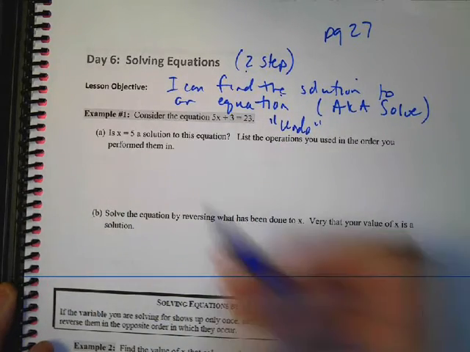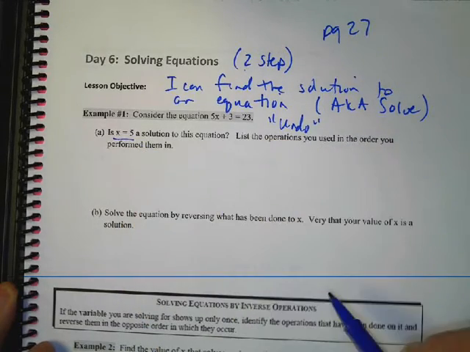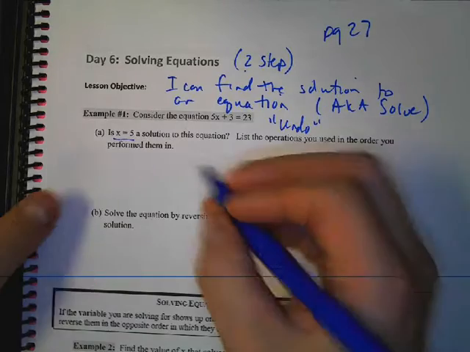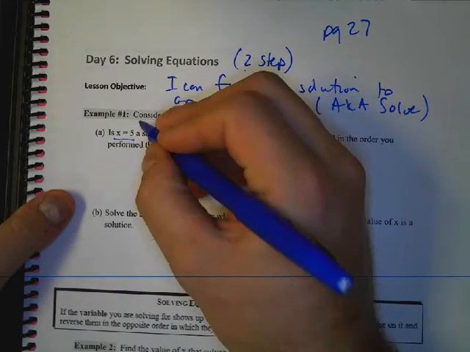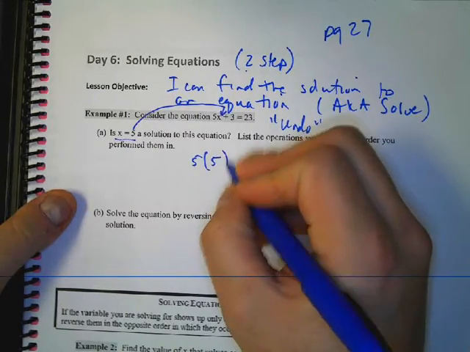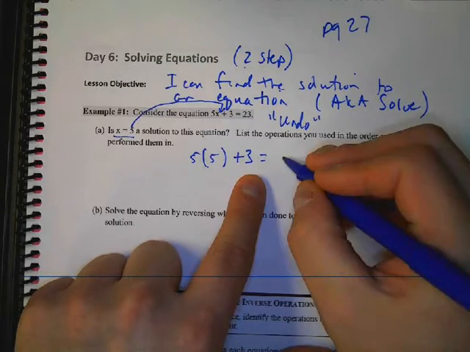So one way to determine that is to ask, is x equal to 5 a solution? You might know the answer already, but if x is equal to 5, then I should be able to plug 5 in for x, and what I get here would be equal to 23, and I'll put a question mark above that because I don't know.